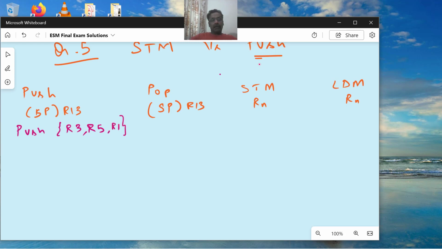Then I write pop. Maybe I will put it in the same order, but maybe I'll change it, so that you know I'm giving the same set of three registers in this instruction, but when mentioning them I am giving them in a different order.